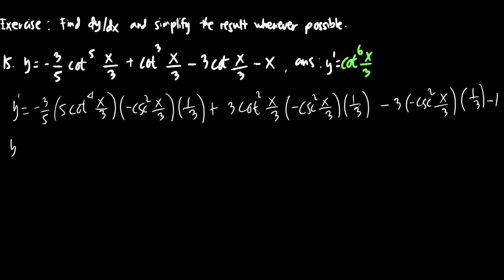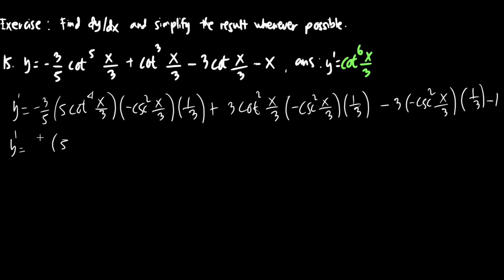So we have y prime is equal to, how do we simplify this one? Negative 3/5 times 1/3 is just equal to negative 1/5. Then 5, so negative times negative is positive.